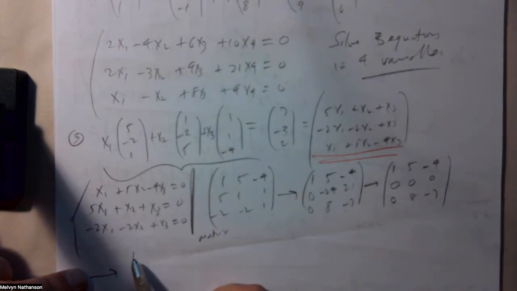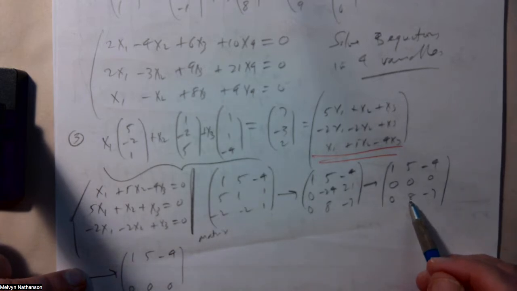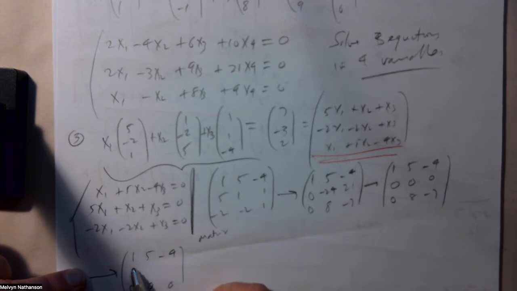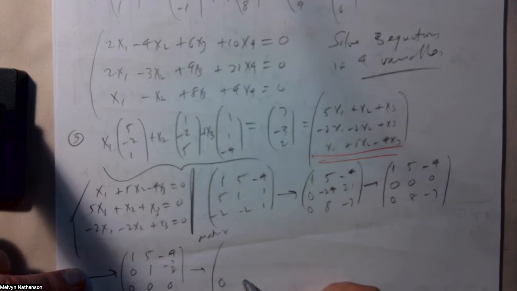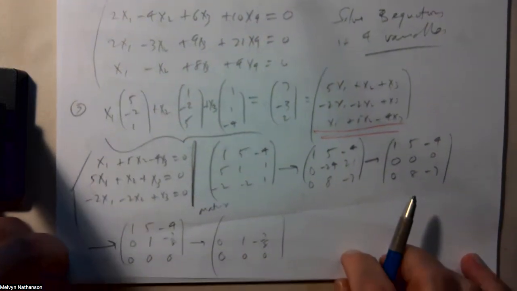So I have 1, 5, minus 4. Then we interchange the second and third rows. And this row, because I divide it by 8, I get 0, 1, minus 7/8. And then the last row is 0, 0, 0.